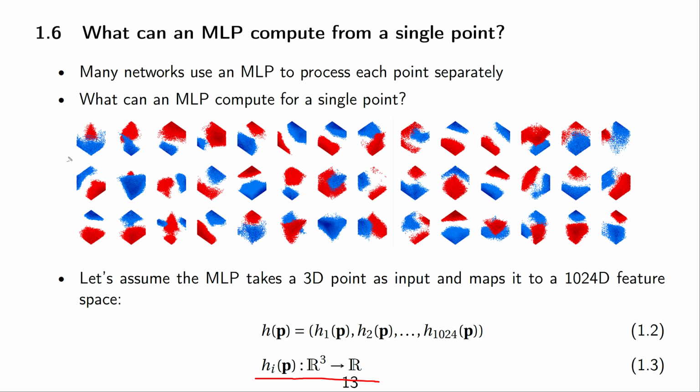So what we see is that each of these visualizations is the visualization of one such function hi, and each of these visualizes a scalar field. So the scalar field is visualized in 3D space inside a box, and we could say, for example, the red region is where the scalar values are a bit higher, the blue region is where the scalar values are lower, and white is where the scalar values are around 0.